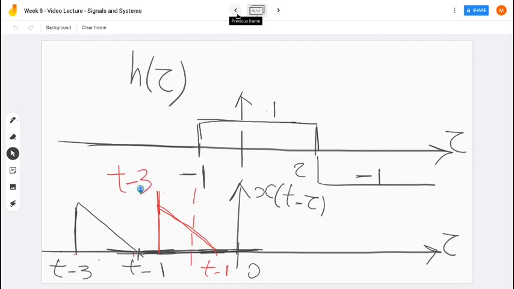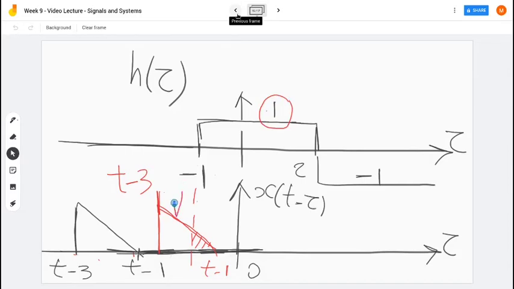So in this case, the overlap will be from minus 1 up to t minus 1. And we will be multiplying h of tau, which has a value of 1, with this straight line.